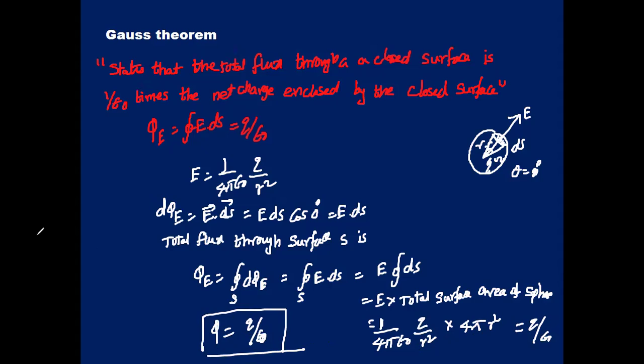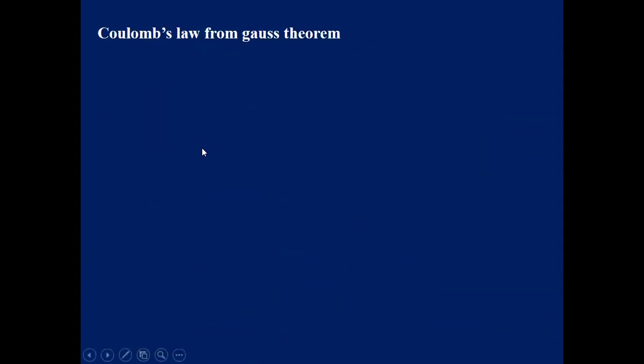Next, we need to study Coulomb's law from Gauss theorem. Now, let's say an isolated positive charge Q we chose, and we select a spherical surface S of radius R. The charge Q we placed at the center.